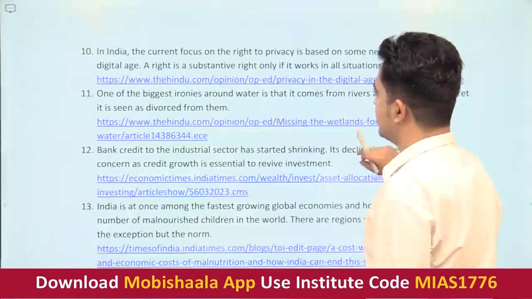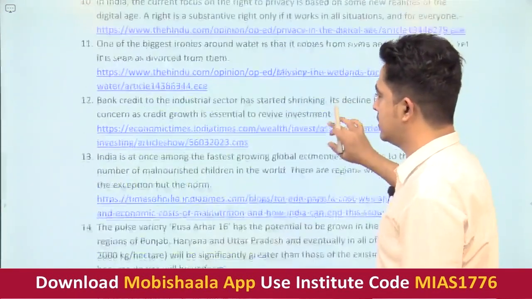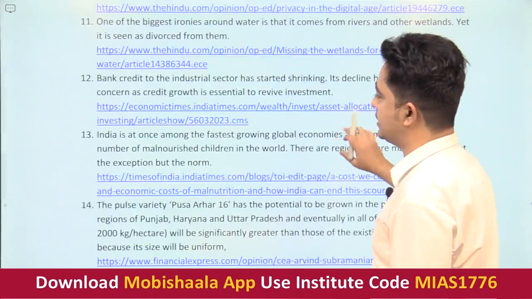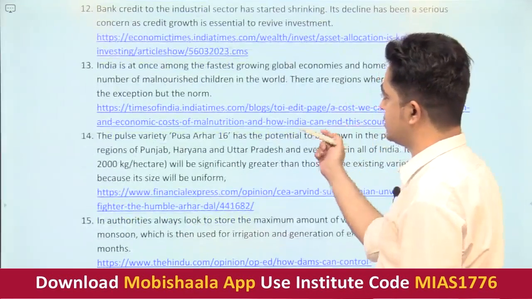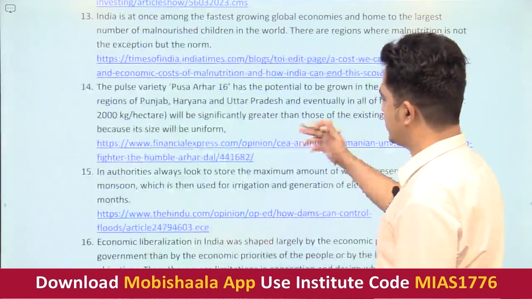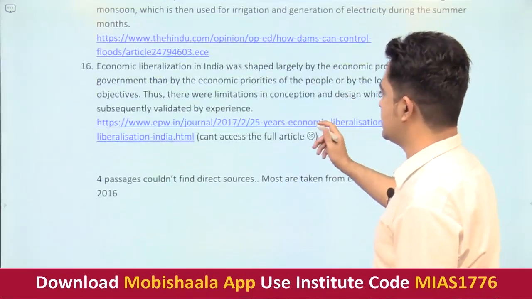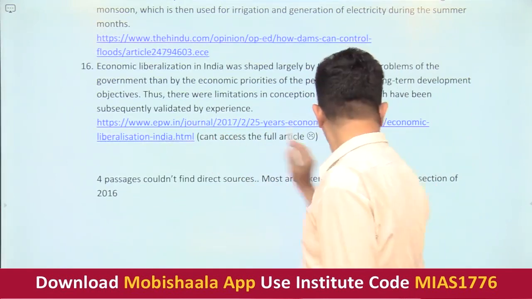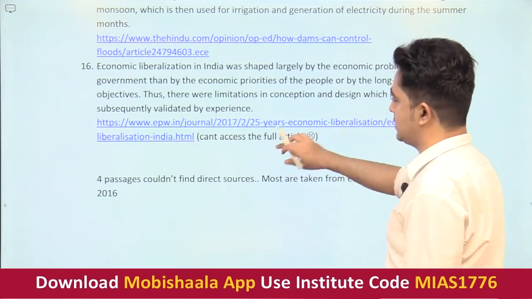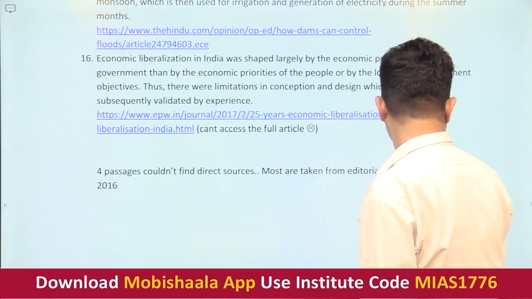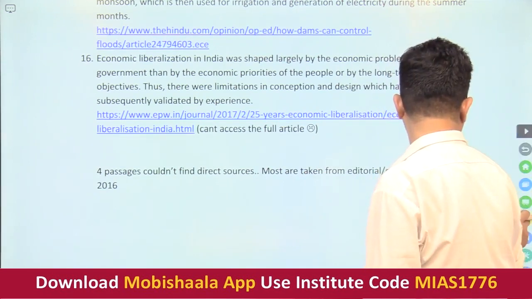The tenth passage is also from The Hindu. So it is a mixture of the Economic Times, The Hindu, Indian Express and Times of India, with one article from the Times of India, and also the Financial Express. The fifteenth is The Hindu. One passage is from the EPW, which most sociology optional students read. And for the fourth passage we could not find the direct source.